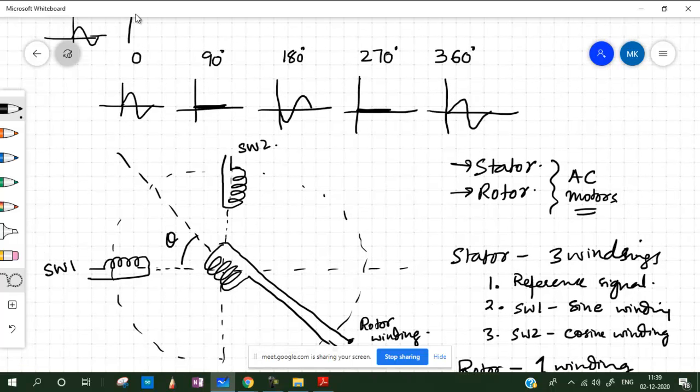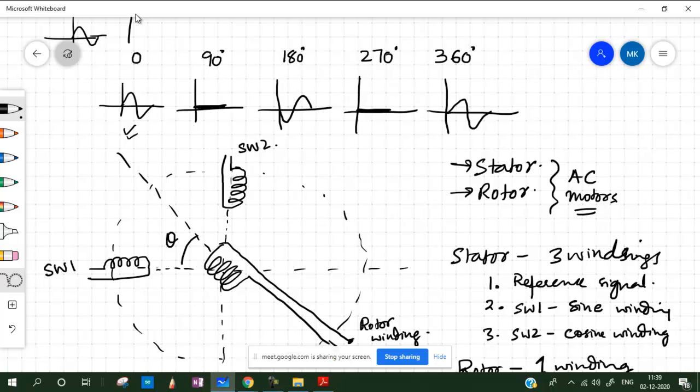Or let's say if theta is, in this case, 0 degrees, for example. So in the 0 degrees case, you have SW1 having something like this as the output. All right. And when it reaches 90 degrees, SW1 will have output equal to 0, because that is now, let's say, aligned 90 degrees to this coil configuration.